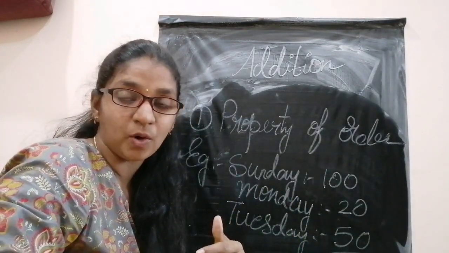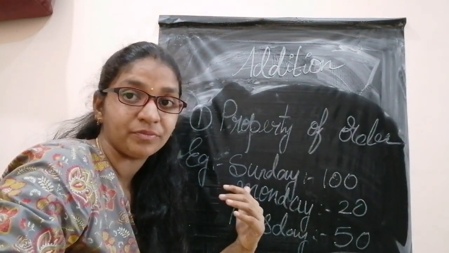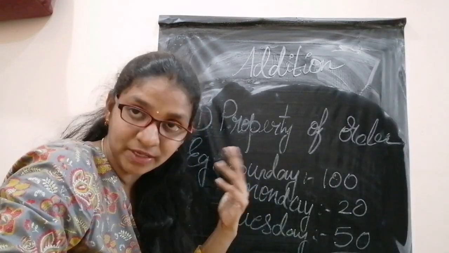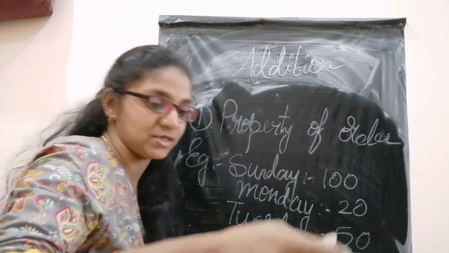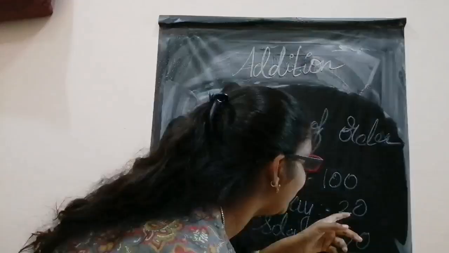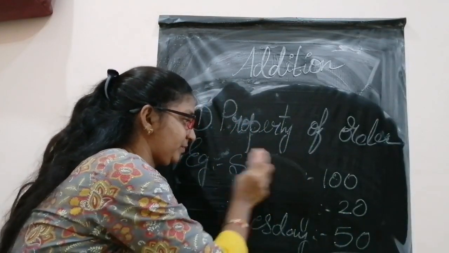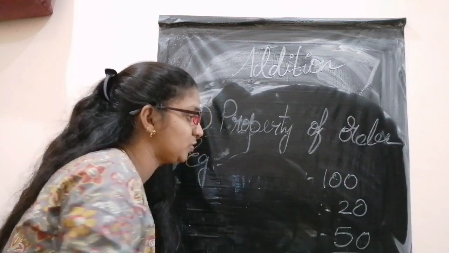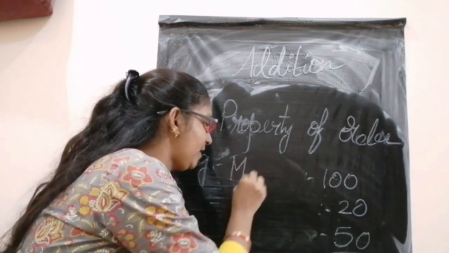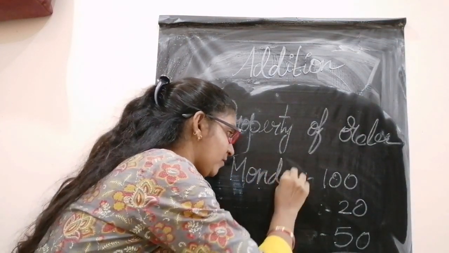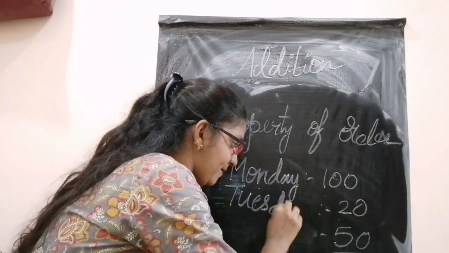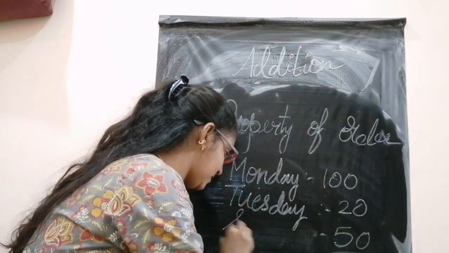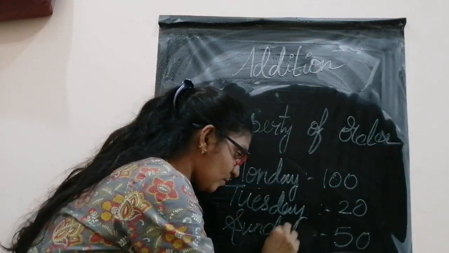According to the property of order, if I exchange the order, what will happen? Just see. I will take Monday first. What is the value of Monday here? 20. So I will take Monday, Tuesday, and Sunday.